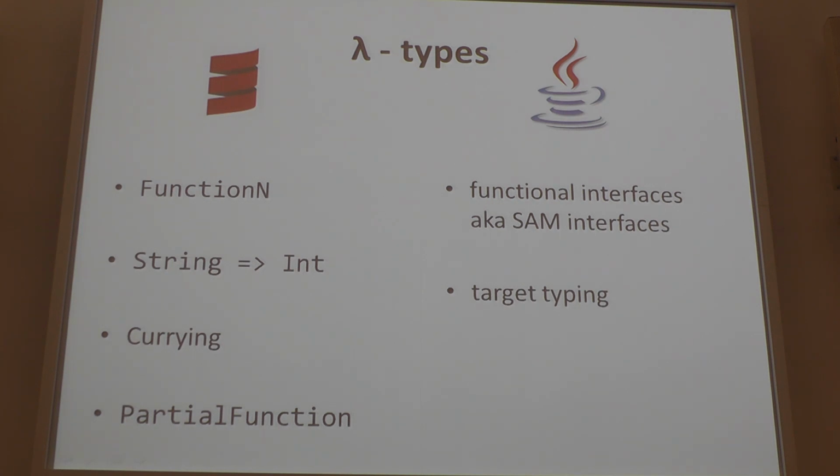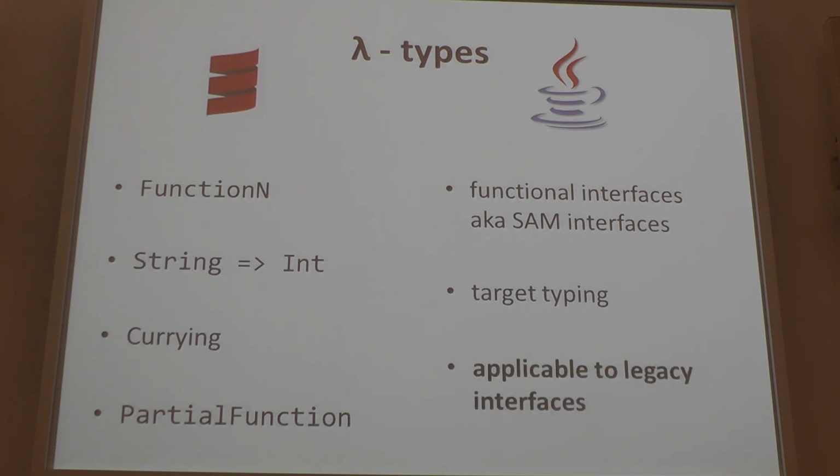So, for example, I will not draw on the board, but if you have in your API an interface that has one method, and it takes one int and returns, I don't know, a string, then there you can use any lambda expression that is compatible with the functional interface.